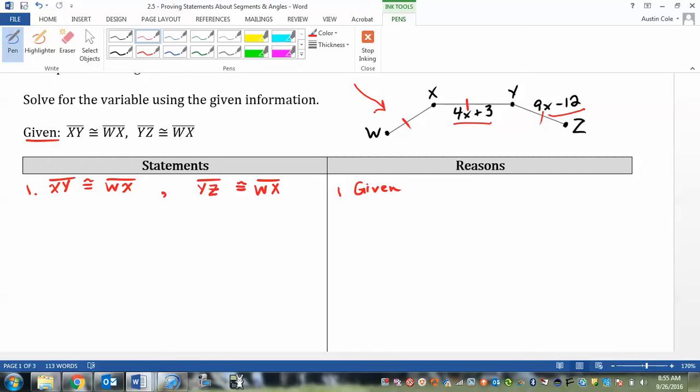We can't assume anything. Now, if they're both using WX to connect them, what property is that? Think about it, don't shout it out. What property connects them? Turn to the person next to you. What property is that?